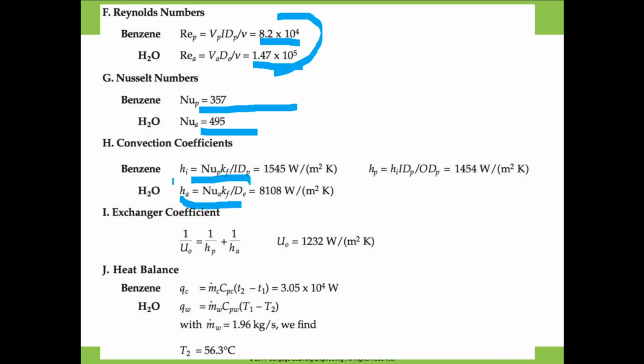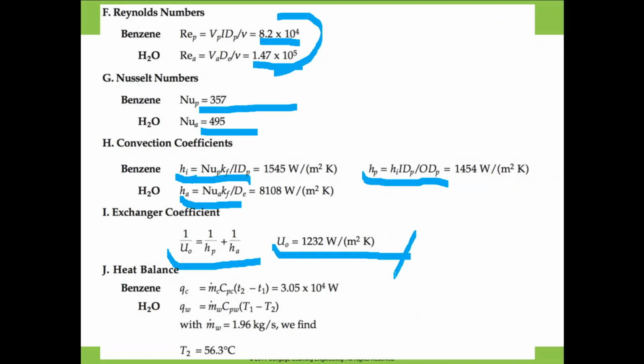With the help of the inner side heat transfer coefficient we calculate the heat transfer coefficient for the pipe, which comes out to be 1454 W/m²K, and then find the overall heat transfer coefficient, which comes out to be 1232 W/m²K.